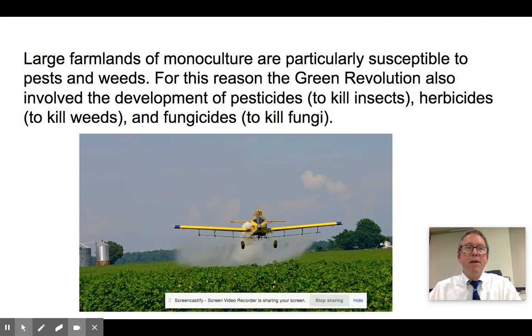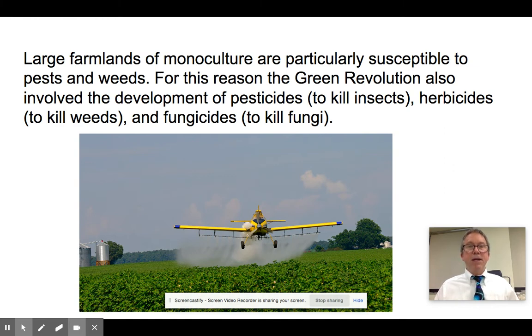Now, another thing about a monoculture is, just like with the potato blight, you're susceptible to invasive organisms. If you get a worm, a grub, an insect, a fungus that begins to infect it, you can lose the whole crop.